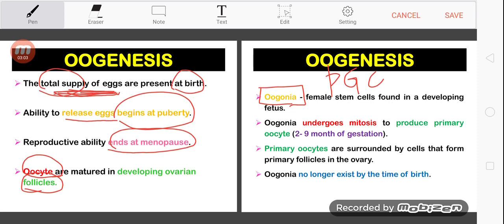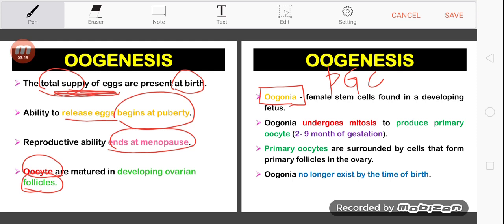That genital ridge eventually becomes the gonad. For male, the gonad is the testis. For female, the gonad is the ovary. And those PGCs will undergo mitotic division. During migration they already undergo mitotic division, and then undergo further mitotic division until it finishes.